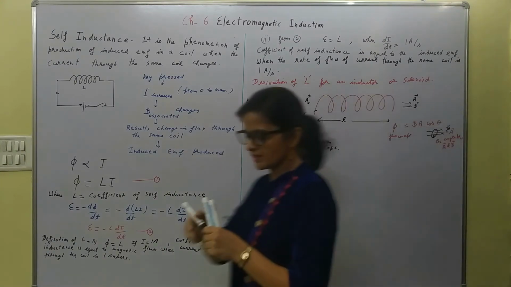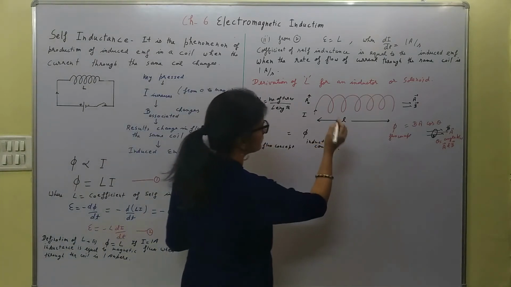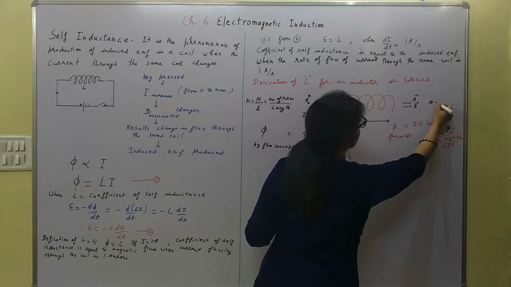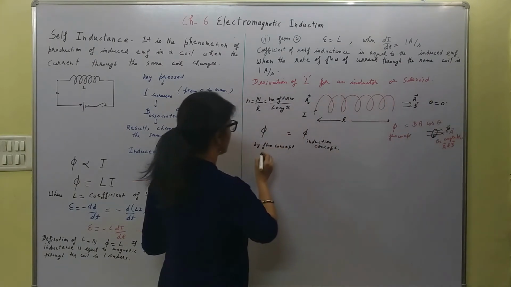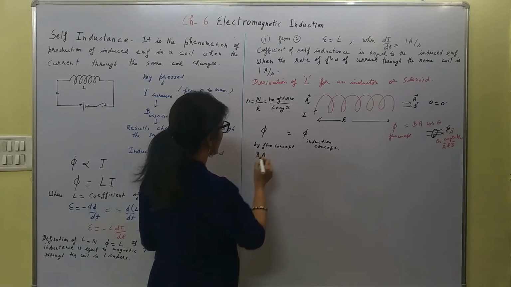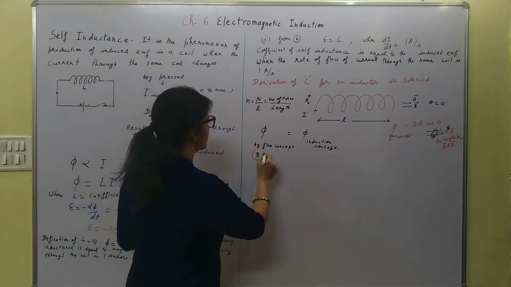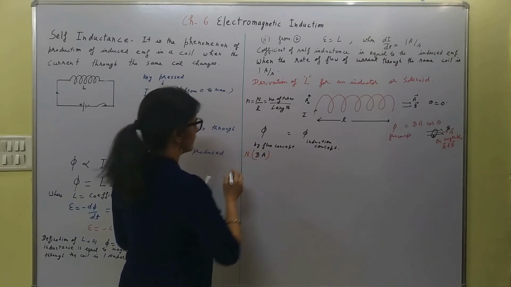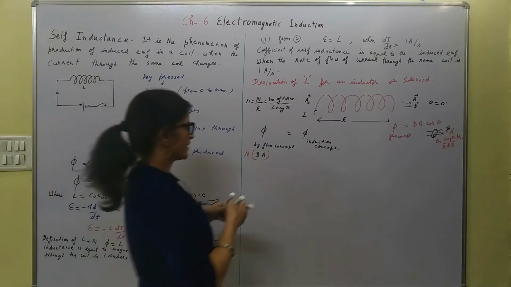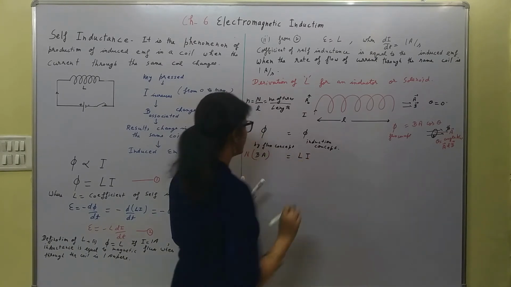So theta is 0 here. So you can write this as B into A. And how many number of turns are there? N number of turns. So this will be this. For the right side, phi is equal to L I.